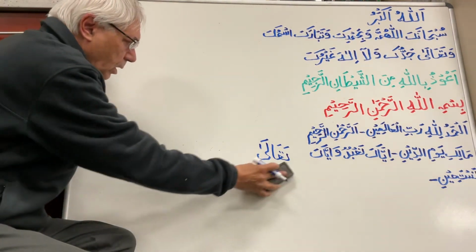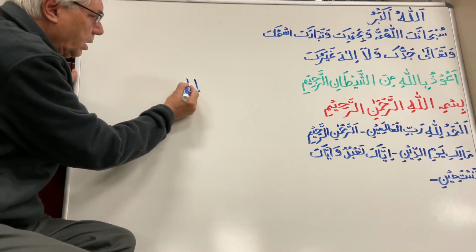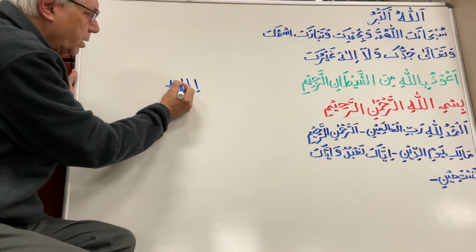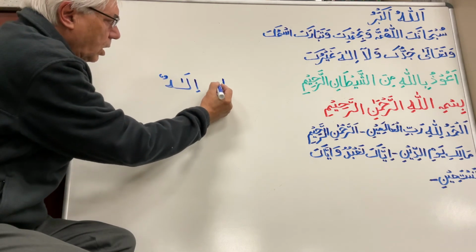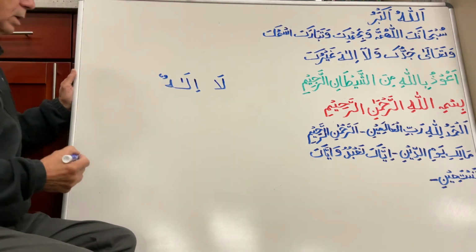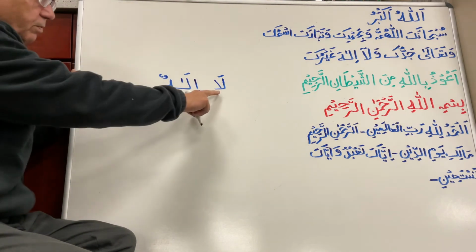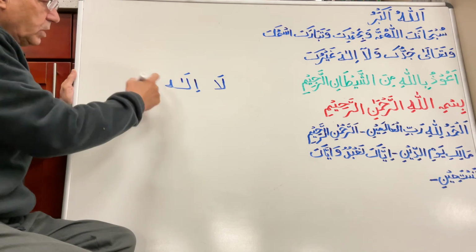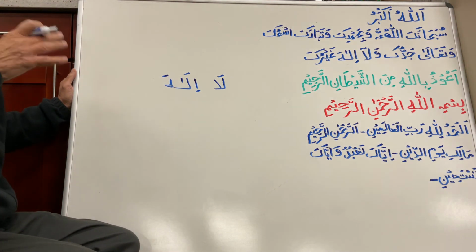Okay. Again, the word is ilahun. Ilahun means God. La means not. Okay. And when we put la in the front, we say la ilaha all the time. The effect of la is that it changes this to a zabar. So la ilaha, there is no God.